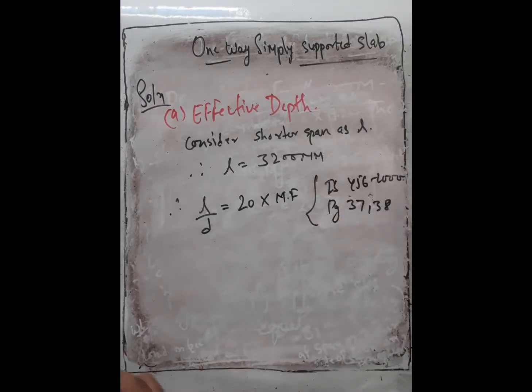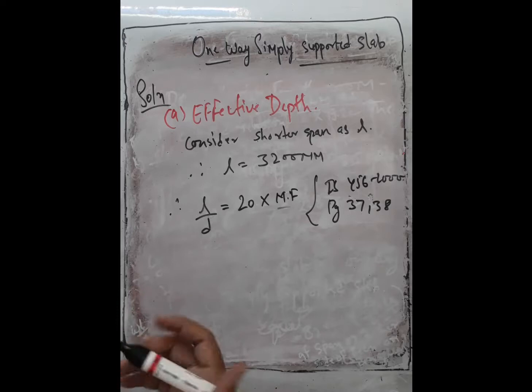Now for finding the modification factor, we need the percentage of steel, but here the percentage of steel is not given. In the previous lecture we saw that if the percentage of steel is not given, we have to assume it between 0.3 to 0.6%.